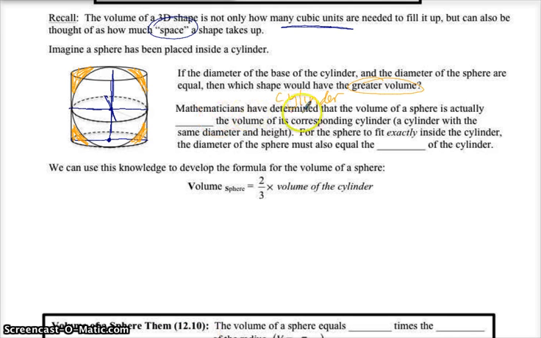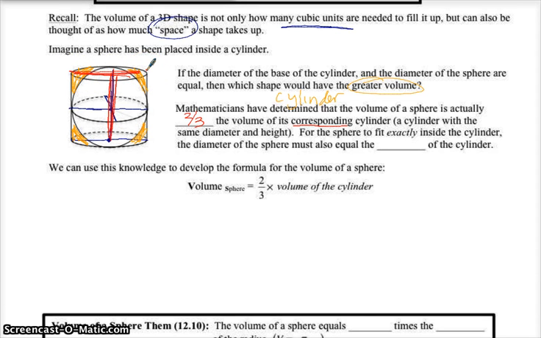So it says mathematicians have determined that the volume of the sphere is actually 2/3 the volume of its corresponding cylinder. So what does the word corresponding mean? Well, that means it's a cylinder with the same diameter and height. So the cylinder has a height that is the same length as this diameter going across from it. So these two measurements are the same.